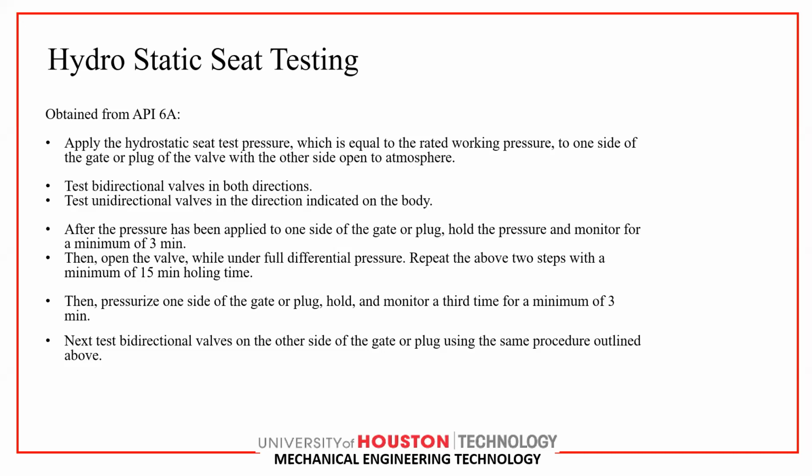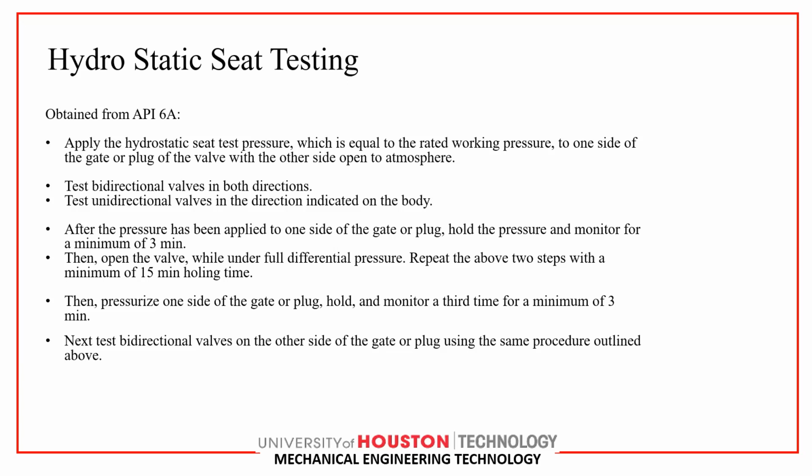One of them is hydrostatic seat testing, obtained from API 6A, American Petroleum Institute 6A. In this hydrostatic seat testing, we apply the hydrostatic seat test pressure, which is equal to the rated working pressure to one side of the gate or plug of the valve, with the other side open to atmosphere.